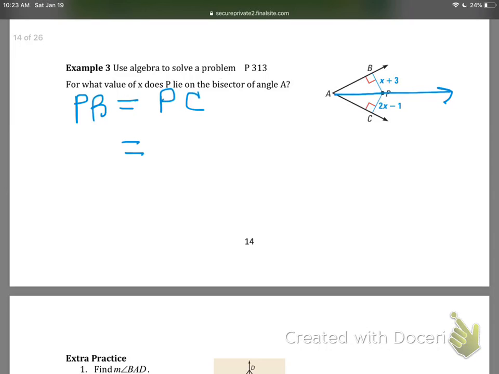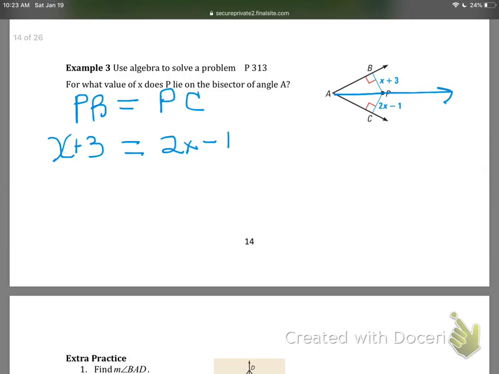So if that's my equality to make point P be on an angle bisector, then I'm going to set the length of PB, which is x plus 3, equal to the length of PC, which is 2x minus 1.